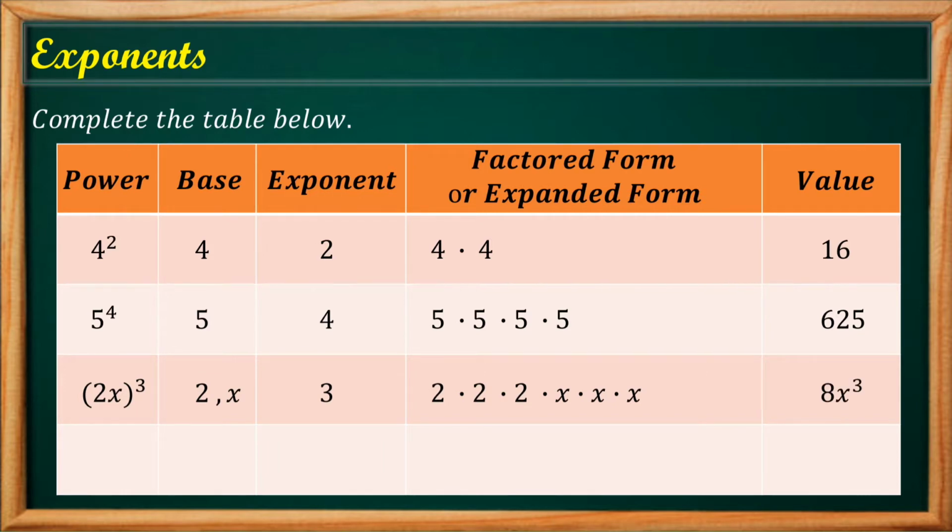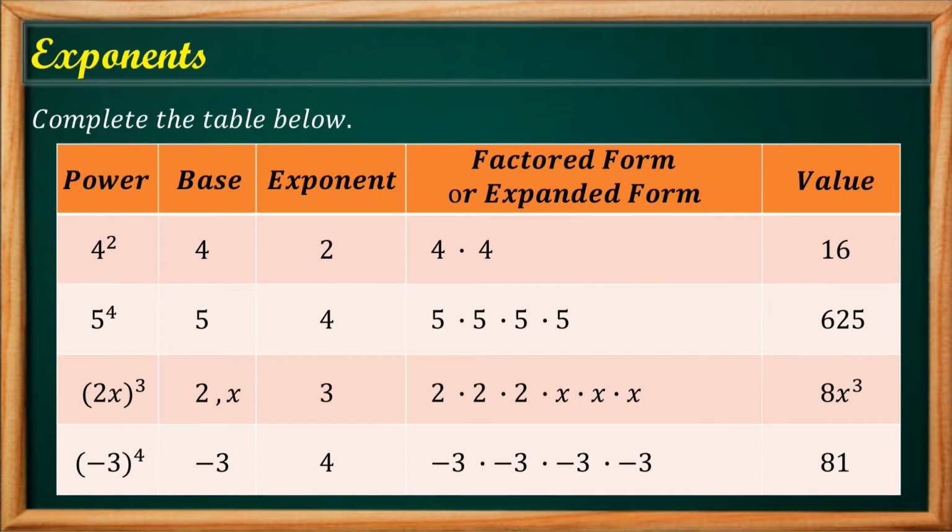Therefore, 8x cubed. How about negative 3 raised to the power of 4? Our base is negative 3, our exponent is 4. Then the expanded form, how many negative 3 do we multiply? 4 times. Then the result is 81.